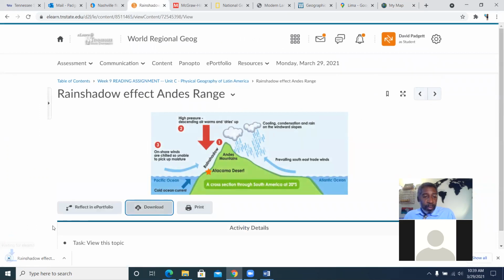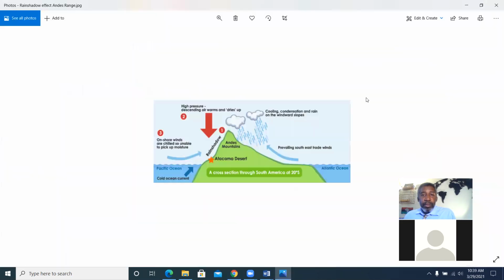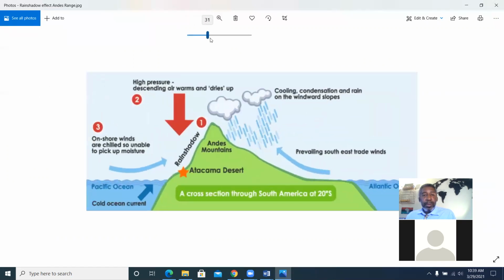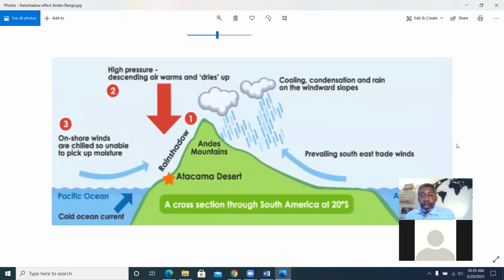And so if you notice from the schematic diagram here, the prevailing wind direction across South America is the opposite of our prevailing wind direction here in the United States.